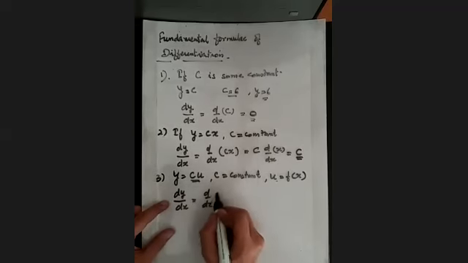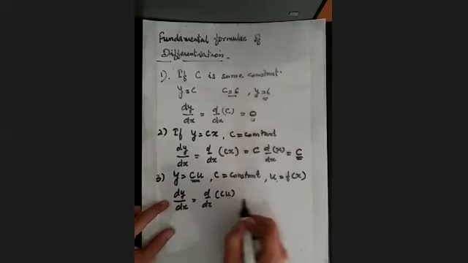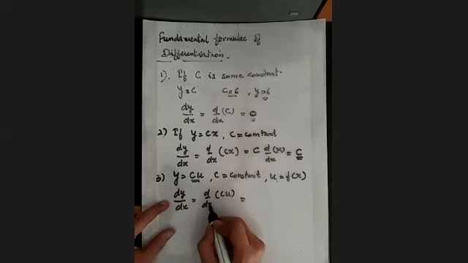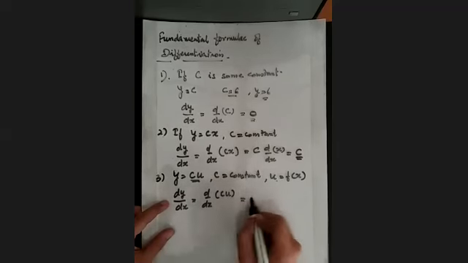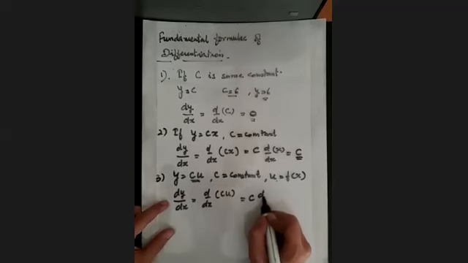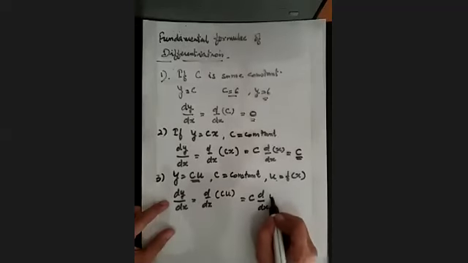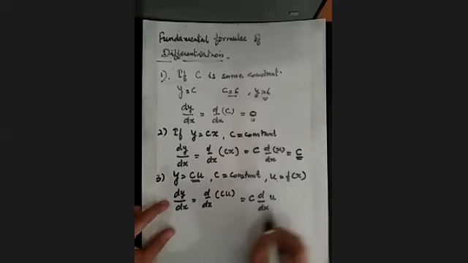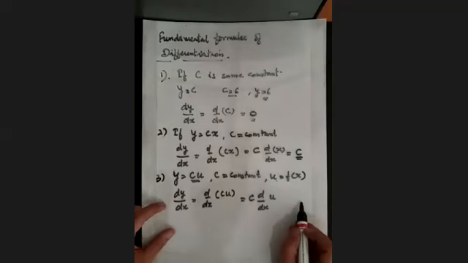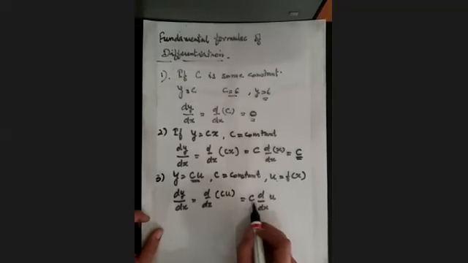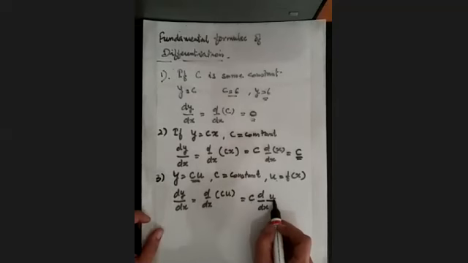Put cu instead of y; c, because it is a constant, will come outside, and d dx of u will be left with us. So we will now differentiate u with respect to x and get the answer. So it will be c du by dx.